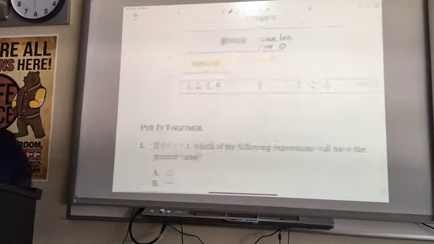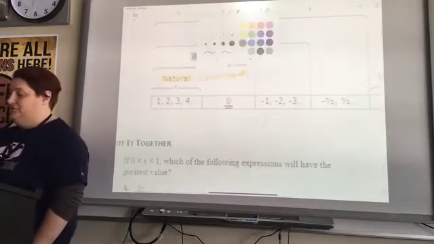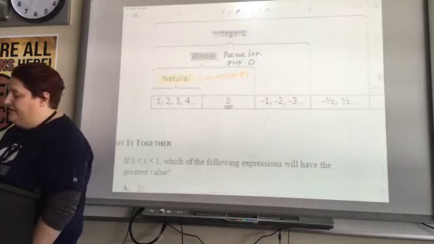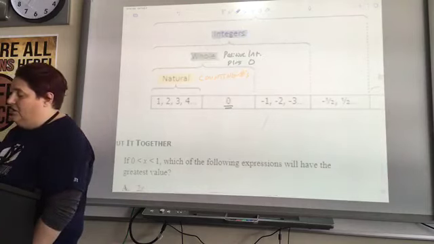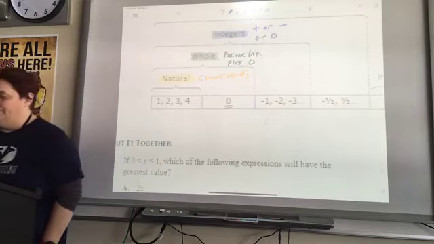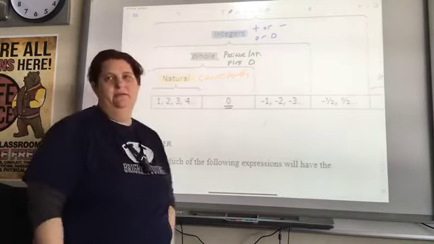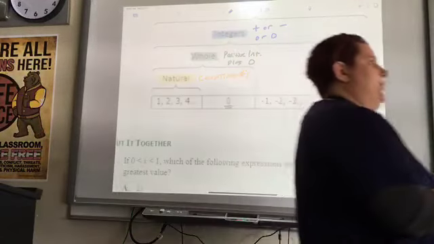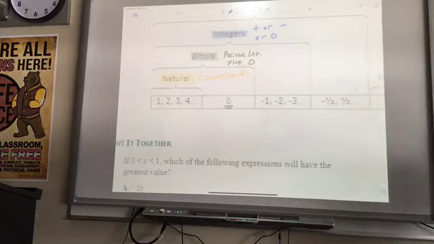And then my next set of numbers is integers. And you guys know that integers are positive or negative or 0, but they're not fractions or decimals, right? I would say whole numbers, but whole numbers specifically means positives and zeros. So integers are positive, they could be negative, they could be 0. But the natural numbers are a subset of integers. You guys understand that? The whole numbers are a subset of integers.